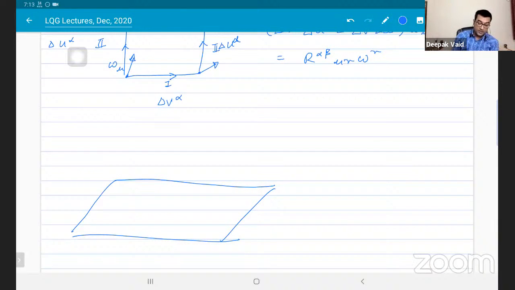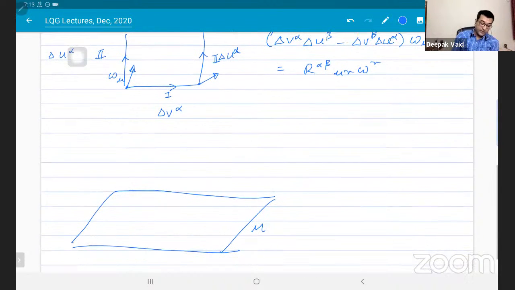So here now, your base manifold is whatever your spatial manifold is, or your space-time manifold, let's say M, right? And what is your fiber?